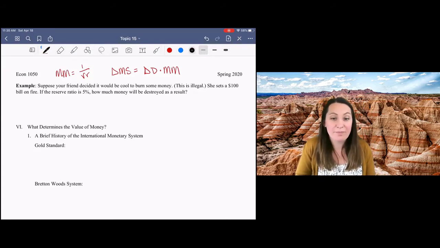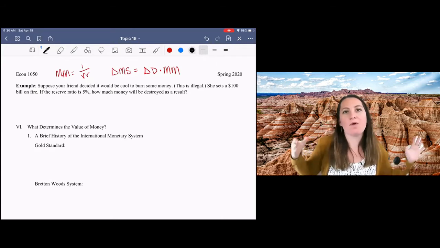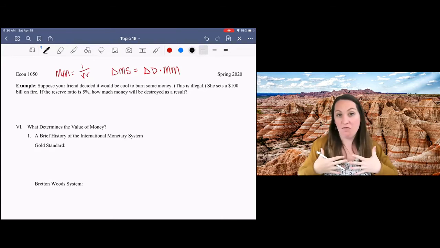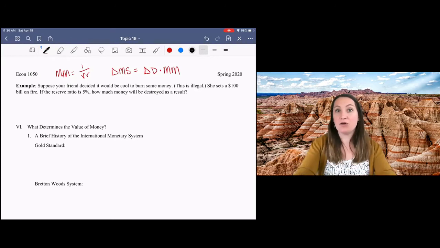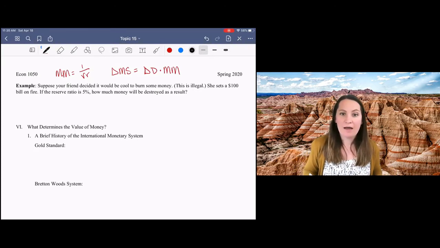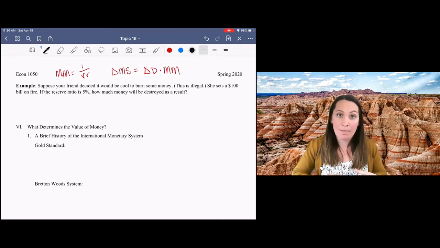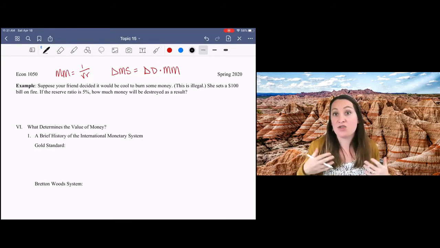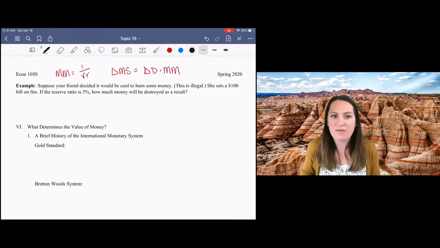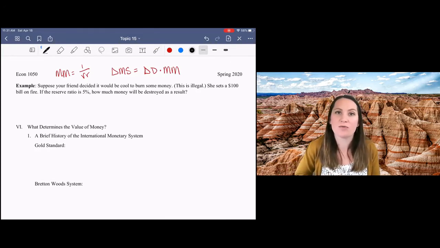I don't know, it's weird. But here we're removing currency from the market, instead of putting new currency into the market. So here we'll have a decrease in money supply as a result of this destruction of currency. All right, so your friend sets a $100 bill on fire. The reserve ratio is 5%. How much money is removed from the economy as a result of this action?